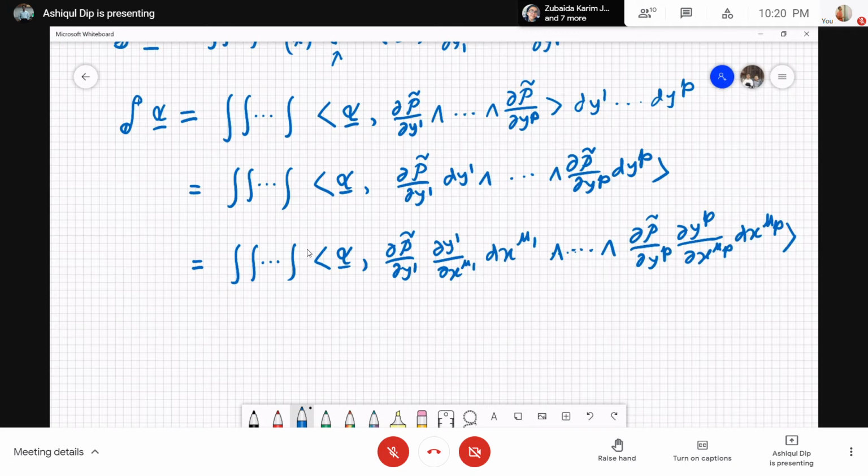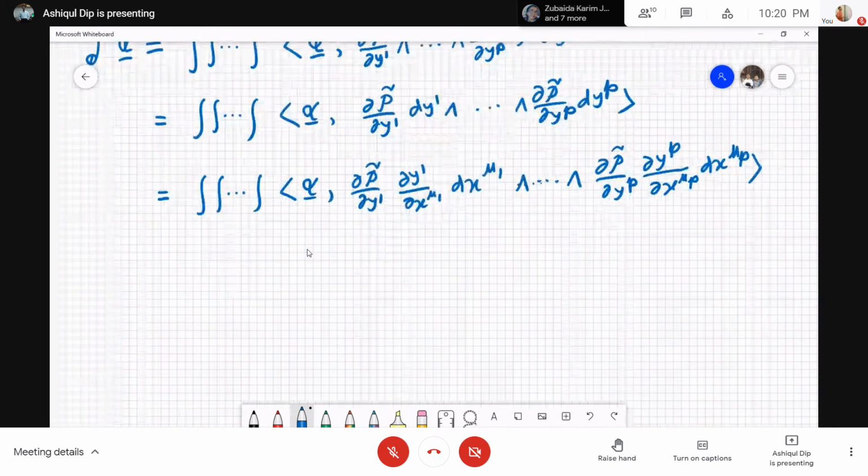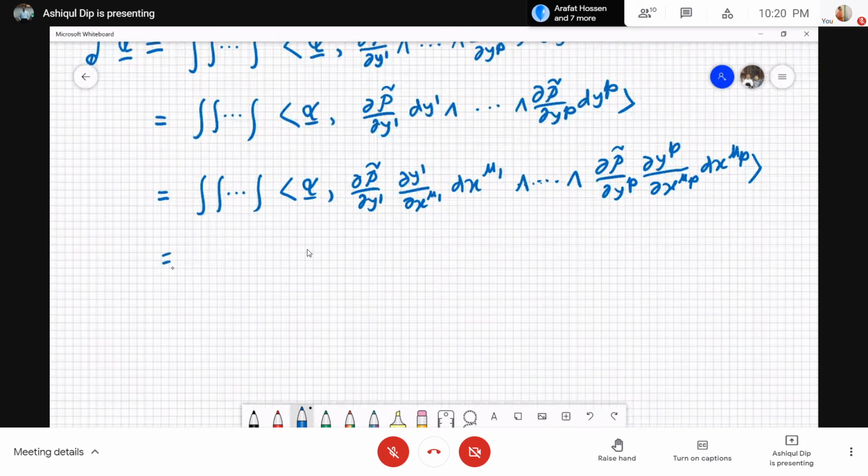Now we can take those dx mu, because I wanted my dx here. I'm just going from x coordinate to y coordinate.